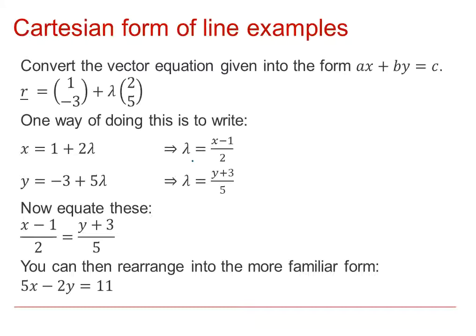So we get that (x minus 1) over 2 equals (y plus 3) over 5, and they are both equivalent to lambda. And by rearranging this, we can get to 5x minus 2y equals 11. It's worth noting that if we rearrange this for the gradient, we would get m equals 5 over 2, which you could see in this direction vector. The gradient of this two-dimensional line would be 5 over 2.